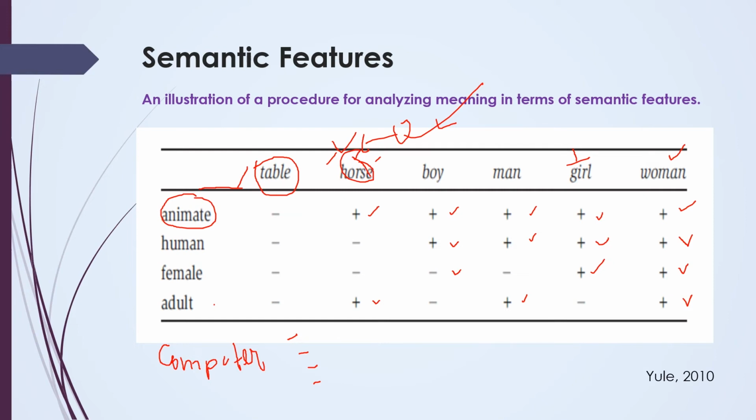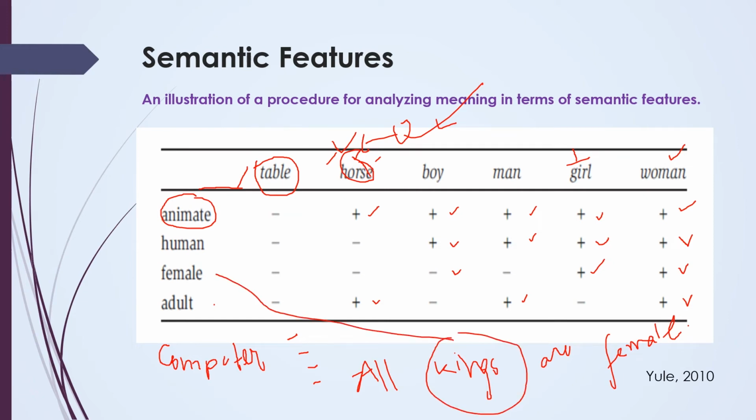Let me give you another example which will make it clearer. If I take this particular sentence, all kings are female, can we say that? No. Why not? Because whenever we are referring to kings, it doesn't have the female feature, so we cannot say all kings are female.